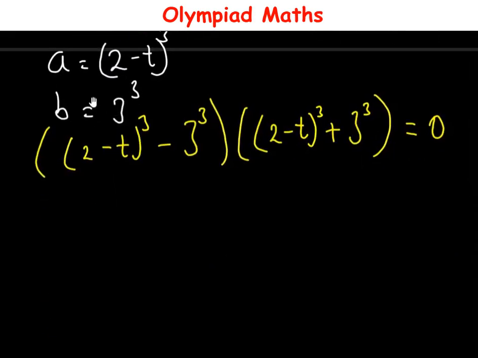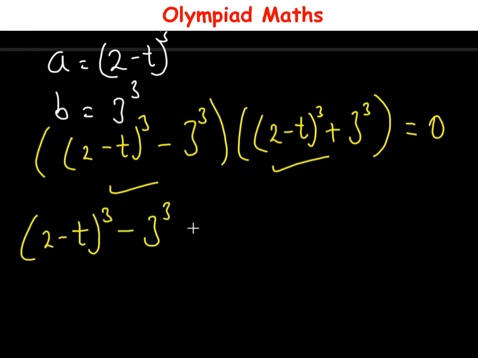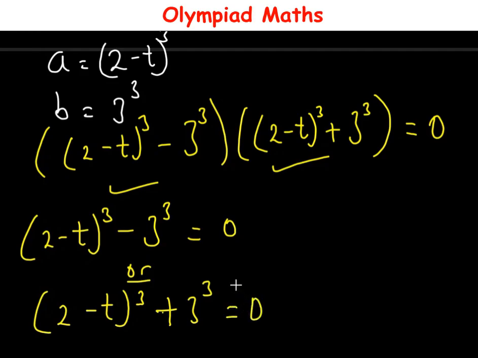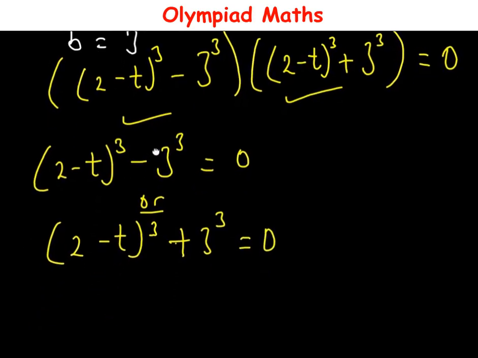From here, we can equate this to 0 or also equate this to 0. So we have (2 − t)^3 − 3^3 = 0, or (2 − t)^3 + 3^3 = 0. Here we have two equations.